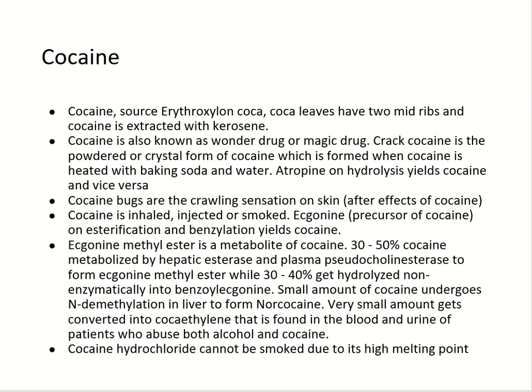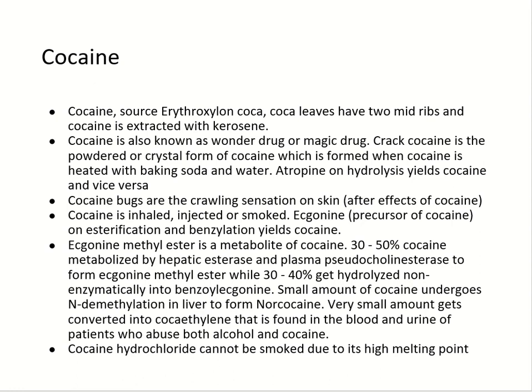Cocaine is inhaled, injected, or smoked. Ecgonine is the precursor of cocaine. Ecgonine on esterification and benzylation produces cocaine. Ecgonine methyl ester is a metabolite of cocaine.